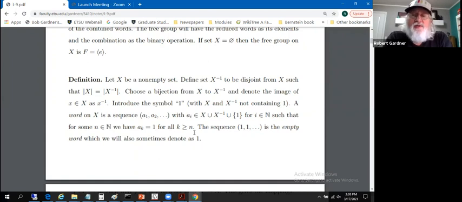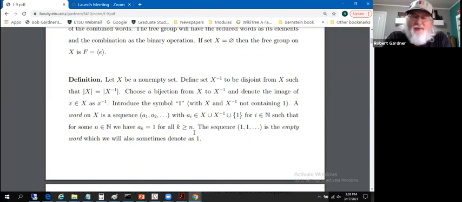In other words, at some point, lowercase n, the letters become 1s and remain 1s forever, as it were, for all values of the index greater than or equal to lowercase n. So these terminate with a tail of all 1s. So there's some kind of finiteness to it.